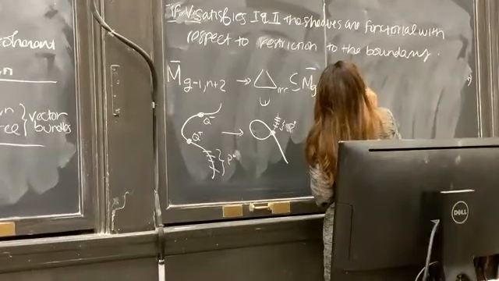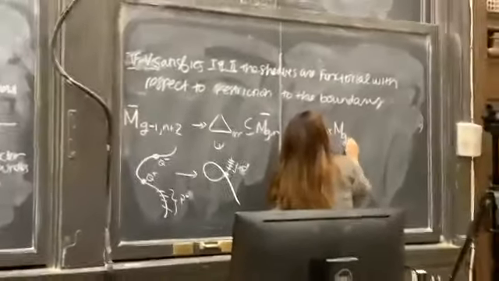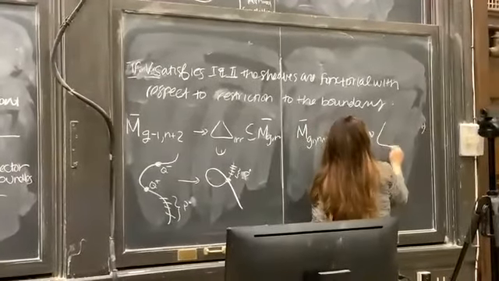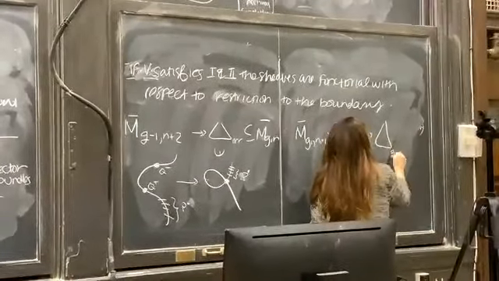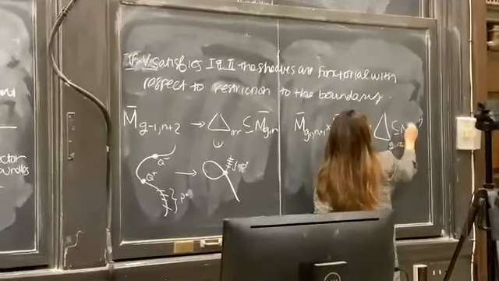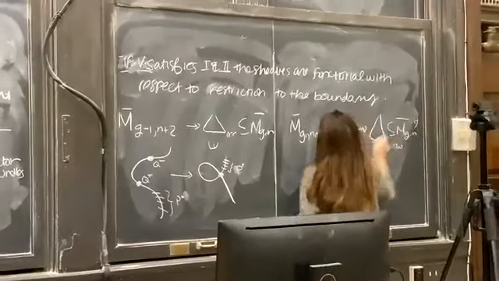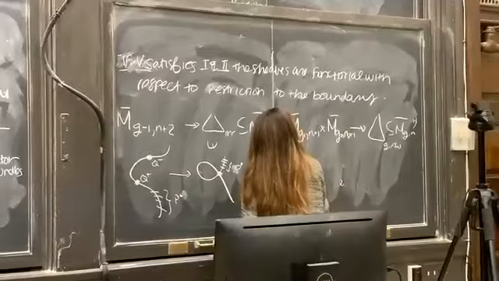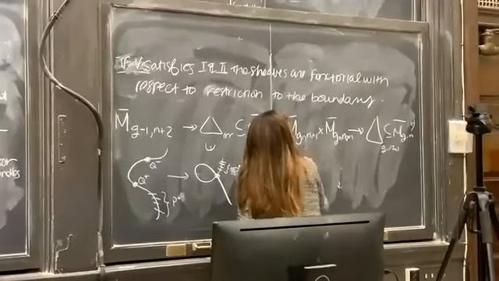And we also have similar clutching maps on the other boundary components. So M_{g1,n1+1} and M_{g2,n2+1} project onto the other boundary components, which we can label with g1.